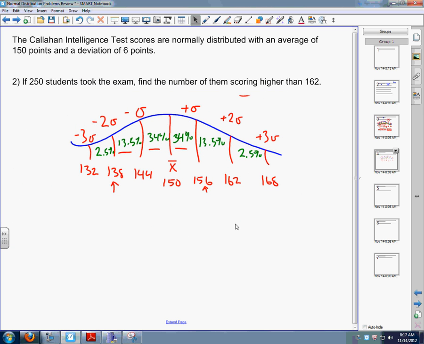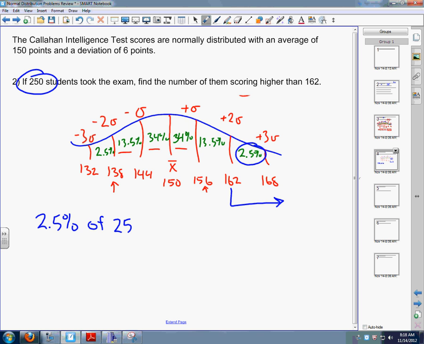So now I want to know how many kids scored higher than a 162. What I care about is from 162 on. That corresponds to 2.5%. So 2.5% of the 250 kids.